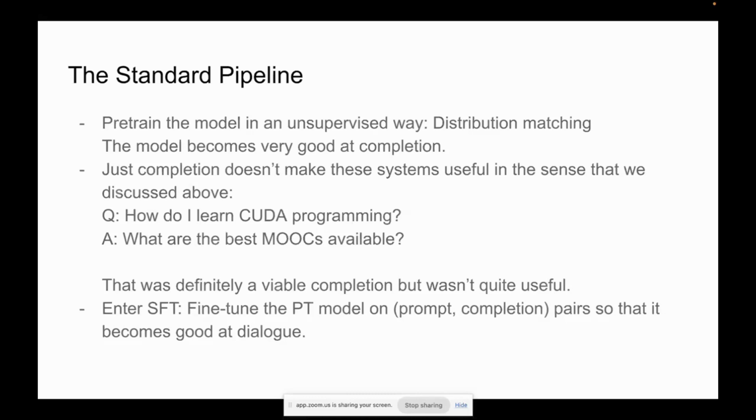And despite this fact, the model is able to become very good at these tasks. The reason behind that is distribution matching, which we'll not discuss a lot today. But that's why we call it unsupervised, because we don't have any labels for summarization or debugging code or the plethora of tasks out there that you can think of in the pre-training stage of the pipeline.